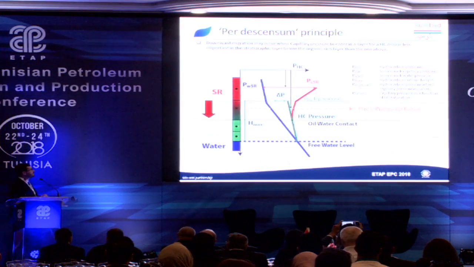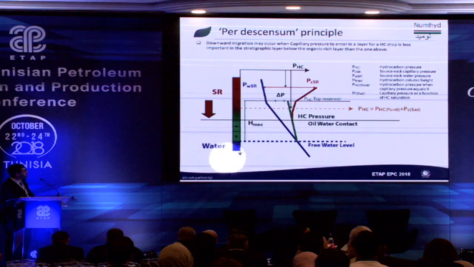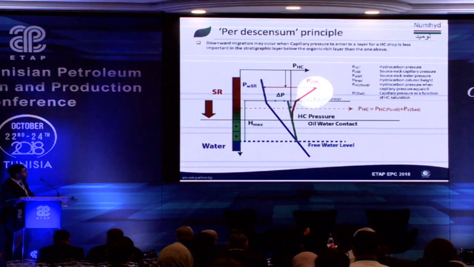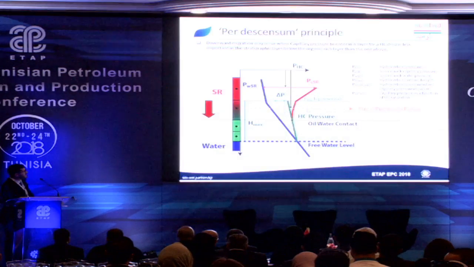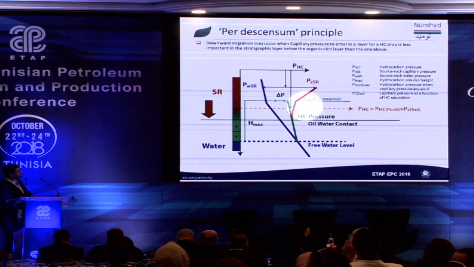The green line is the HC pressure in the reservoir, and the red line is the HC pressure related to the source rock. You have two important points.